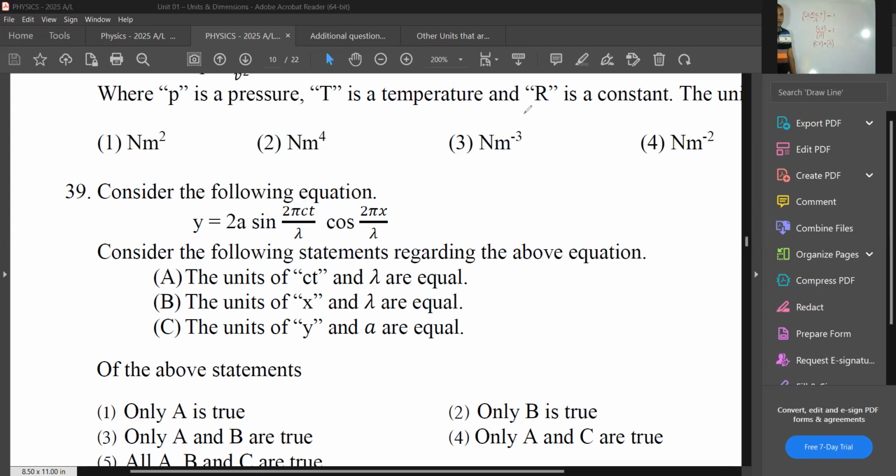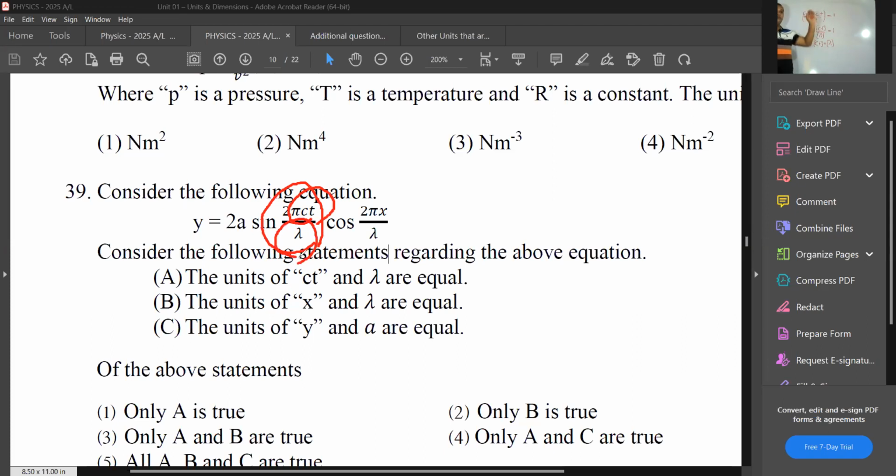Do you understand how I get that term? I just think this one is equal to lambda. This is equal to 1 because it is an angle. Therefore, I just equate the numerator and the denominator.